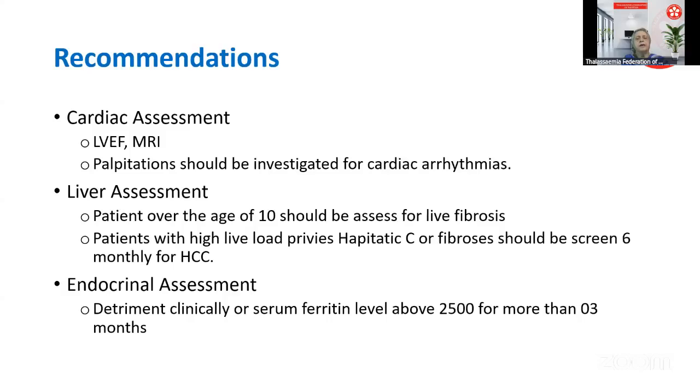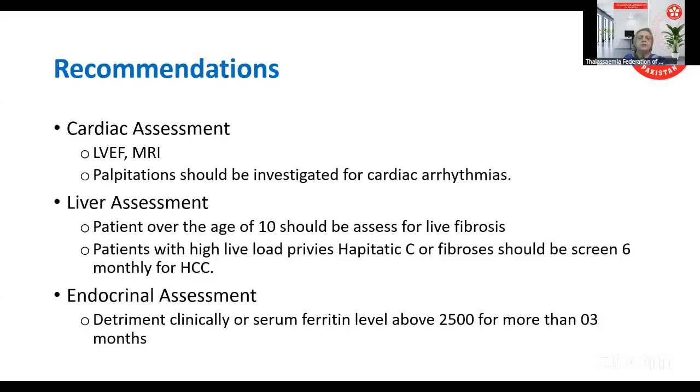Then again, a condition which we dealing with thalassemia many a times miss is in adult patients, especially those more than 14, 16, who complain of palpitations. Now, palpitations can easily be seen as anxiety or anemia, but you should remember that it could be a symptom of cardiac arrhythmias.